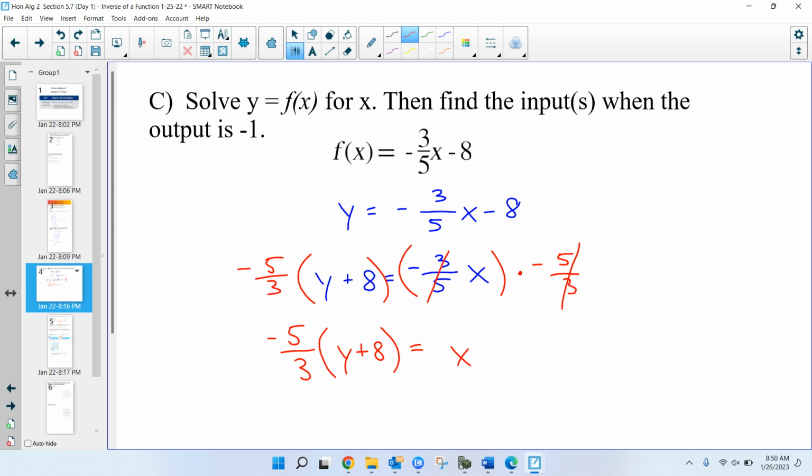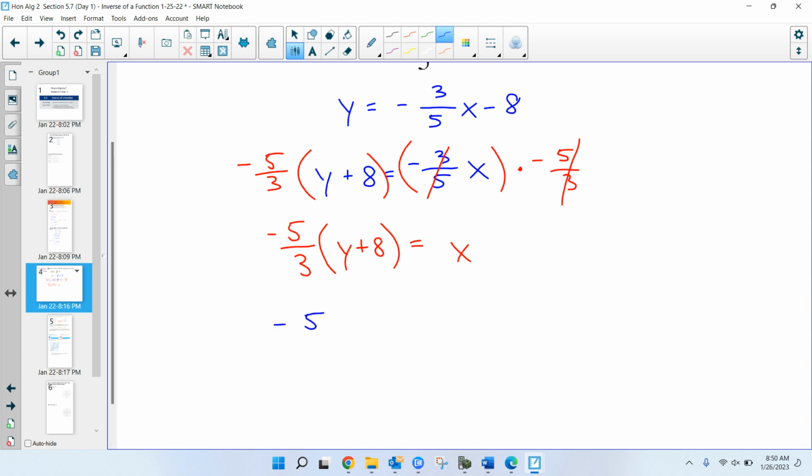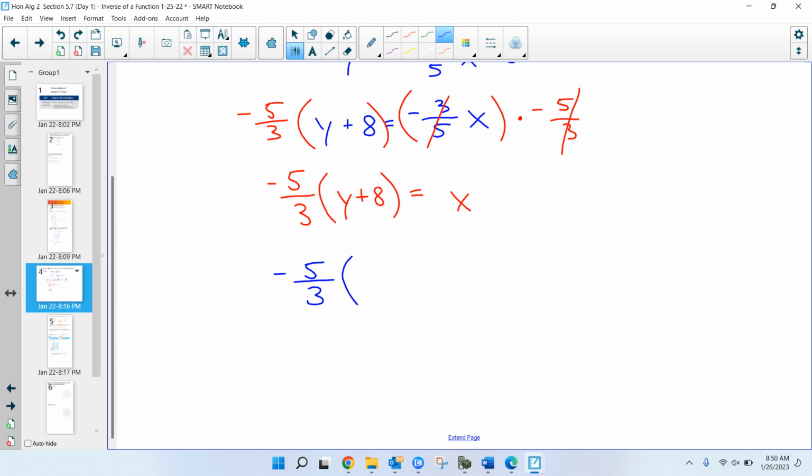Now, what if I leave it like this right now? And again, I'm saying I don't care, okay? But if I leave it like this, what am I plugging in for y? They're asking me to plug in negative 1 for y, right? Let's see what that looks like. I said negative 1, right? Negative 1.